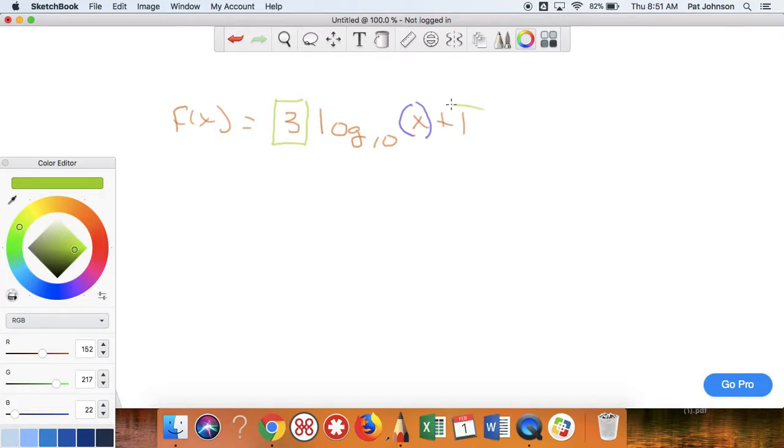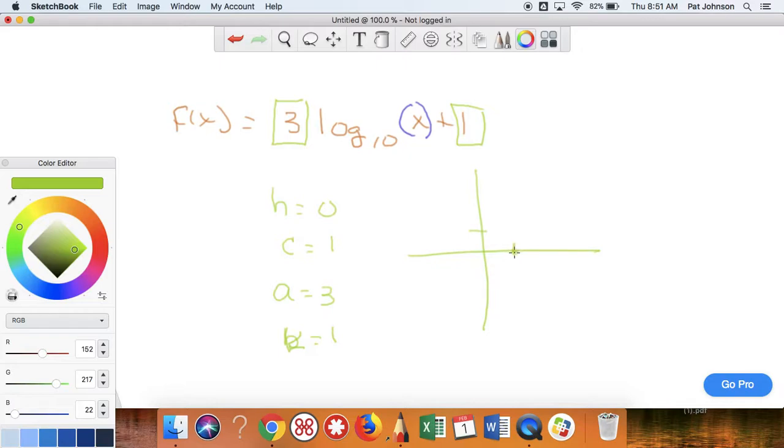And what is 1? So we can say h is 0 because I don't have x minus anything. c is 1. a is 3. And k is 1. So that tells me if I take my function, it's going to shift up 1 unit.